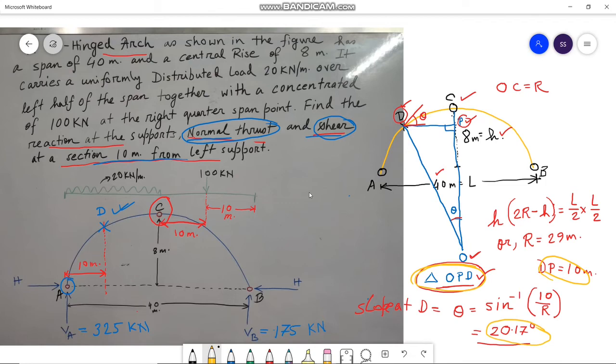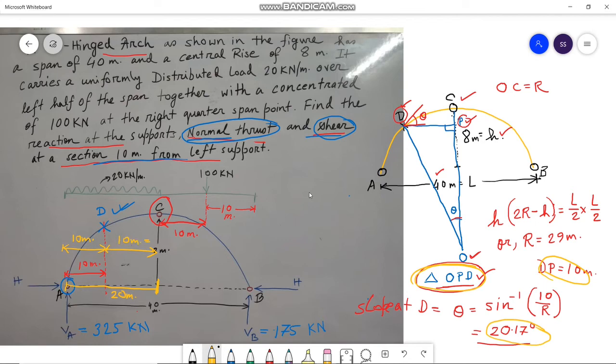As you can see, from A to D we have 10 meter, and from A to this point we have 20 meter, as this is the central point of the arch. So geometrically this distance is 10 meter.